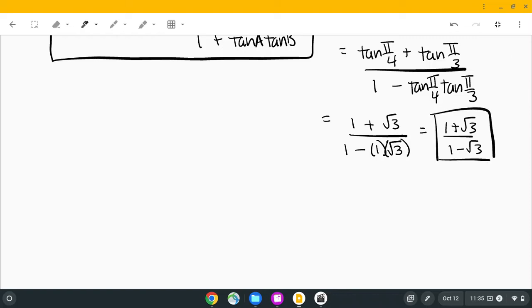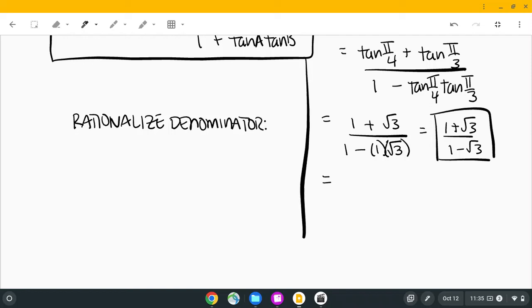If it doesn't take that, it might say rationalize the denominator, in which case, here, this is how you rationalize. Quick lesson. Rationalize the denominator, in which case they don't want you to have a square root in the denominator.